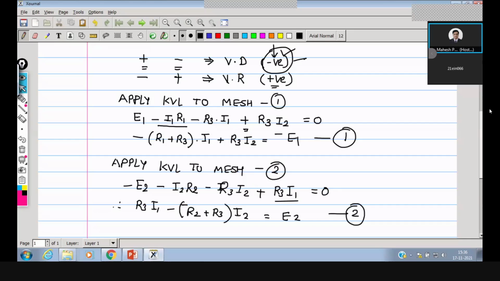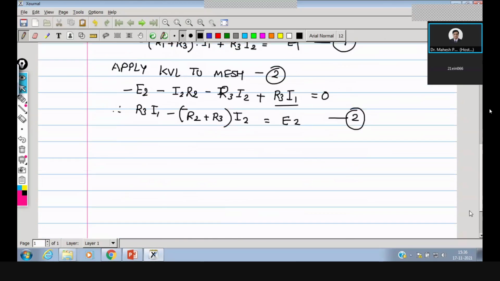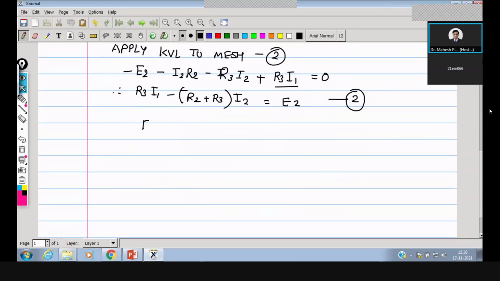The rest of the parameters have different values, and by inserting the values of R1, R2, R3, E1 and E2, we can find the currents I1 and I2. The current flowing through R1 is IR1, and that is exactly equal to I1, because it is the only element where the current I1 is flowing.